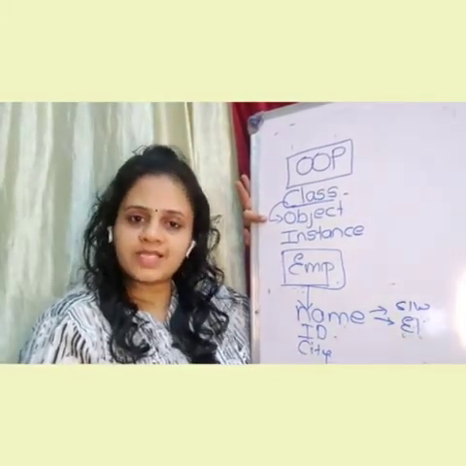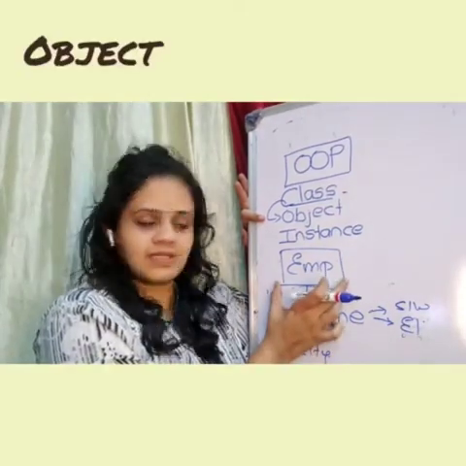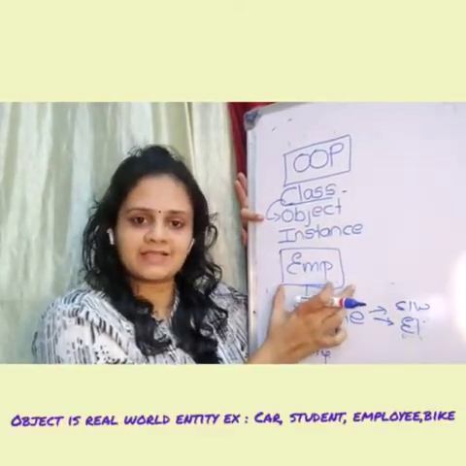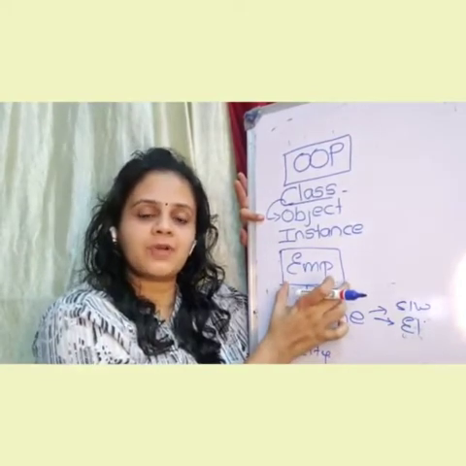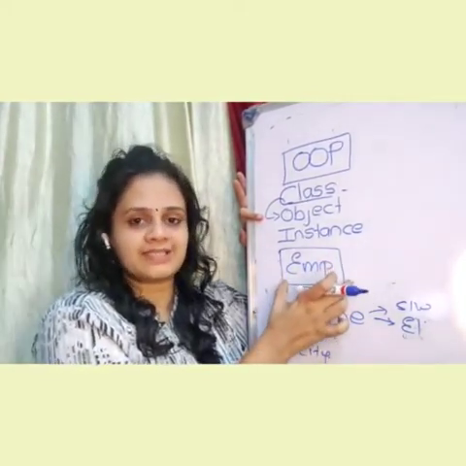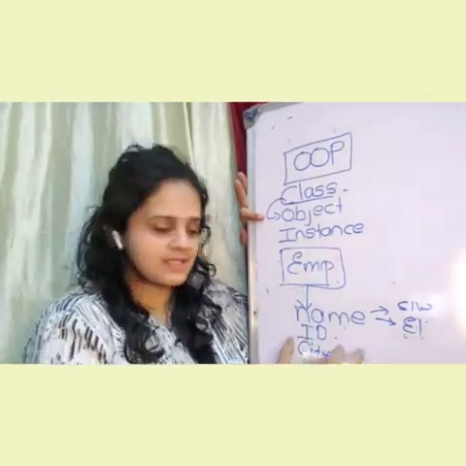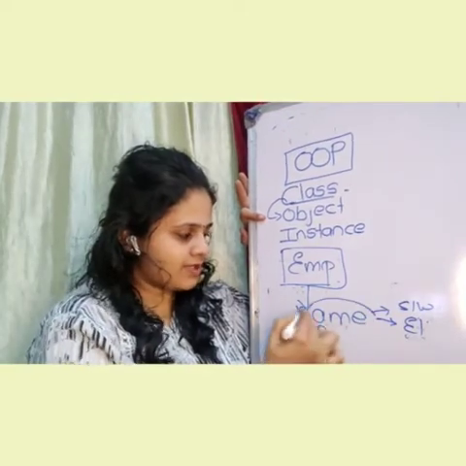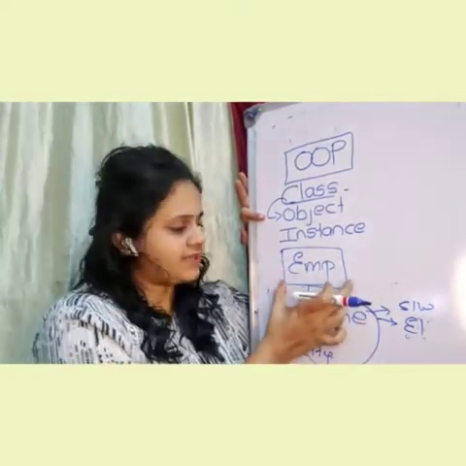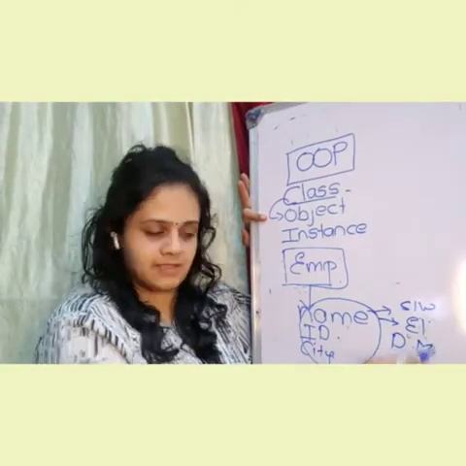Now, what is object? Object is a real world entity. Here, employee is a class, and from the employee we are going to create its object. An employee is a real world entity, right? These are the common properties. These properties or attributes of this object are known as the data members.